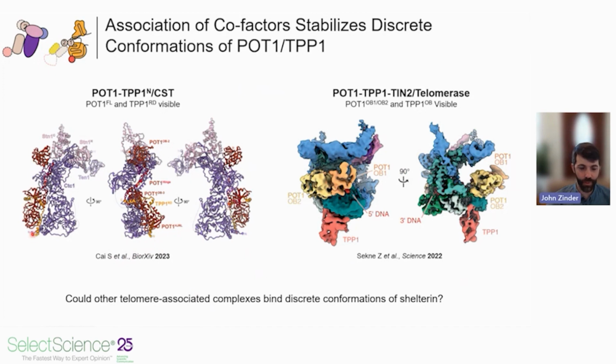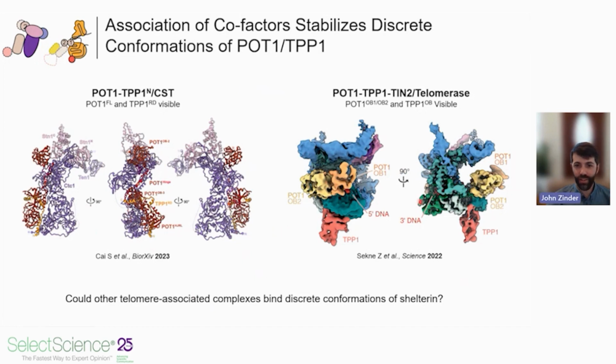What Sarah was able to do was get a structure of POT1-TPP1 bound to this CST complex, which is another telomeric complex involved in that 3' end maturation that I mentioned before. What's really cool is she was able to capture this in a state where these two structured domains of POT1 are rigid relative to each other, or at least much more so than in the absence of this complex.